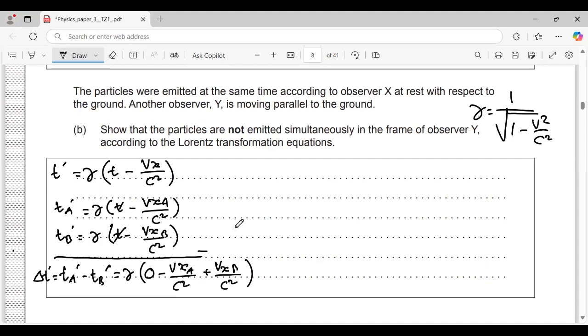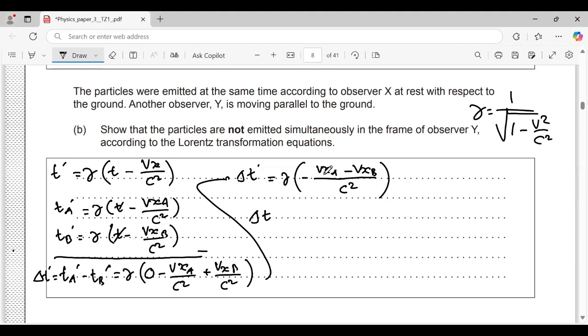So delta t prime would be gamma times minus v x A and plus v x B over c squared. This is delta t.